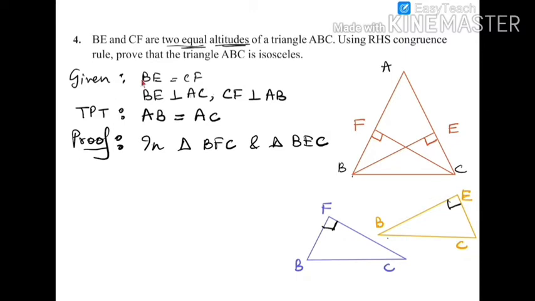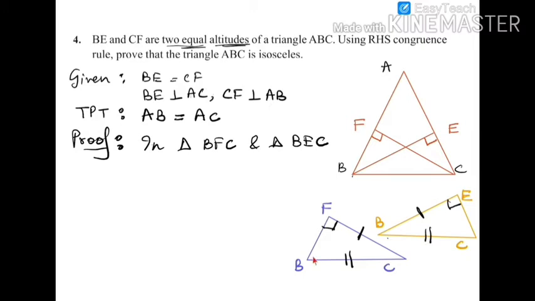Also, we have BE equal to CF. So let's mark these sides equal in the figure. And we have a common side, that is BC.